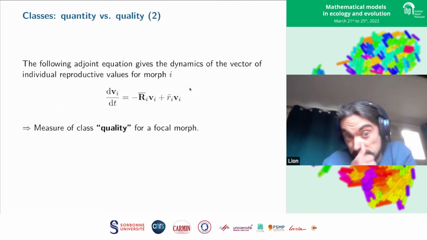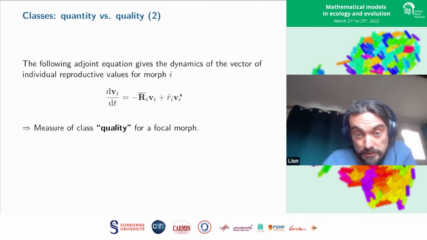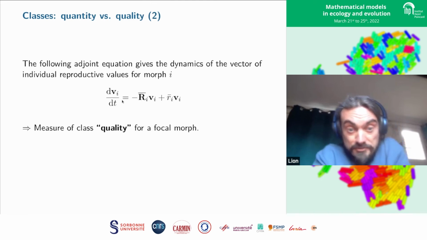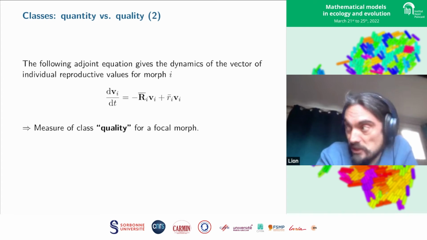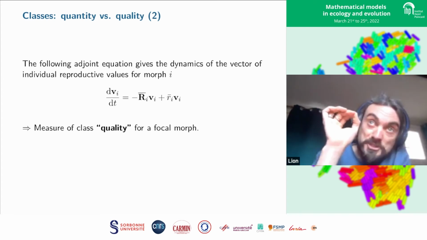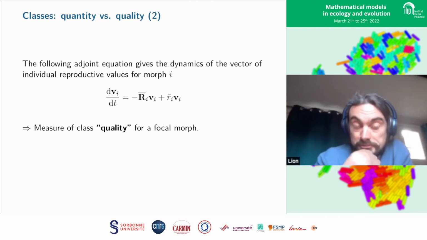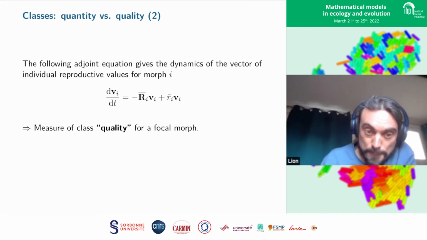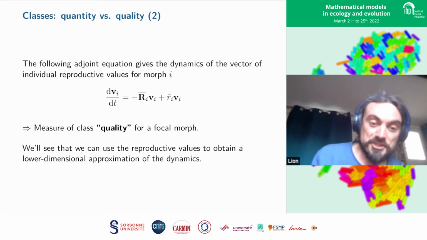And there's a kind of adjoint equation that gives us the dynamics of vector V, which is the vector of individual reproductive values for a specific morph. It's going to be a measure of class quality because it represents the contribution of a certain class to the future of a certain morph. And the reason for introducing this is that we can use this reproductive value to obtain a lower dimensional approximation of the dynamics.